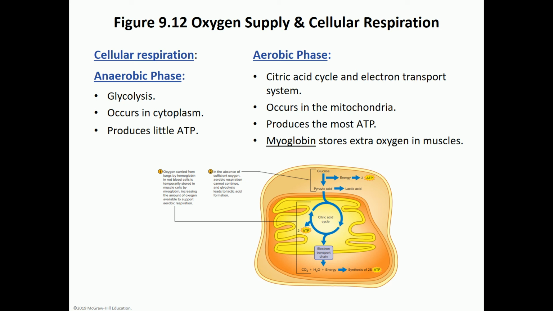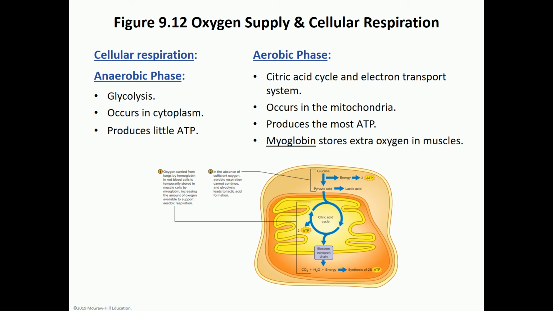Because these are aerobic phases, they need oxygen, so to make sure that the skeletal muscles always have a good oxygen supply, oxygen is stored in the muscle in the form of myoglobin. Myoglobin is the sister of hemoglobin. Globin is a protein that is able to store oxygen.